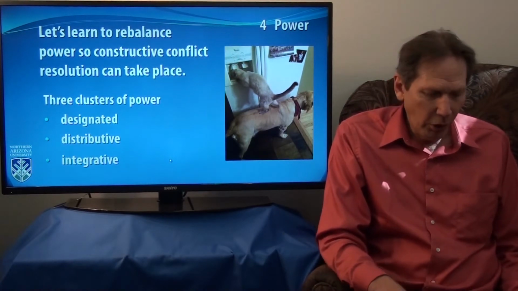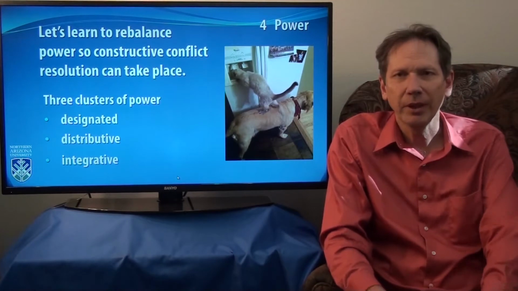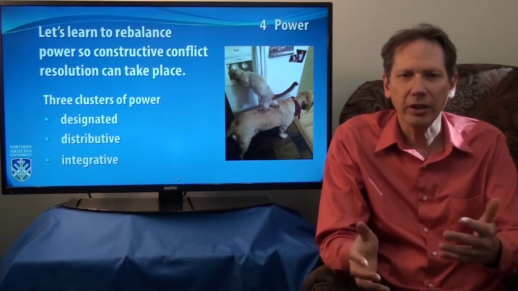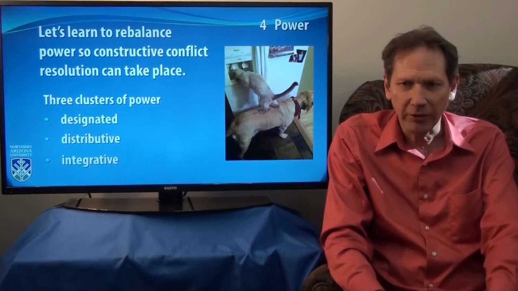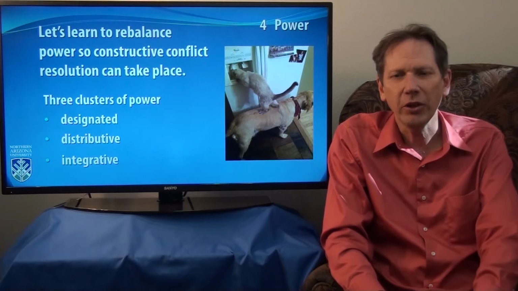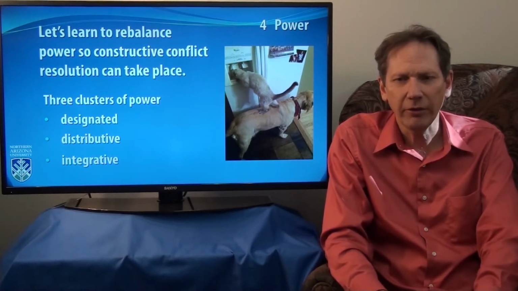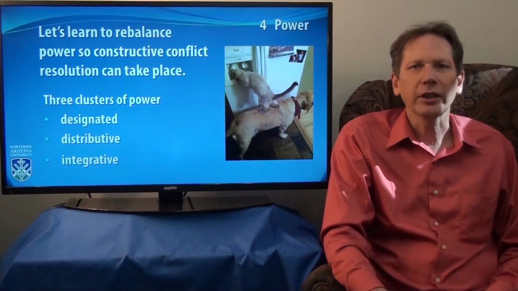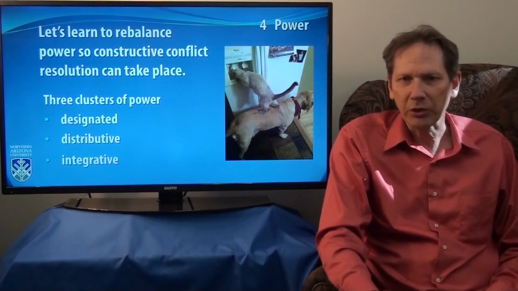Okay, overall, the aim of this chapter is that we learn to rebalance power. If there's not a rebalancing, constructive conflict can't take place. I like the picture of the dog and the cat working together here. I'm sure the dog can get up and get a drink on his own, but the dog lets the cat work with him to solve the problem. Many conflicts are more about solving problems.